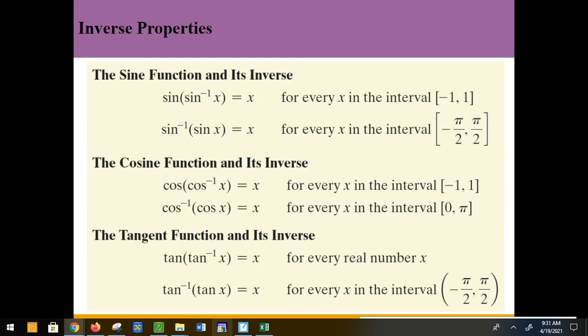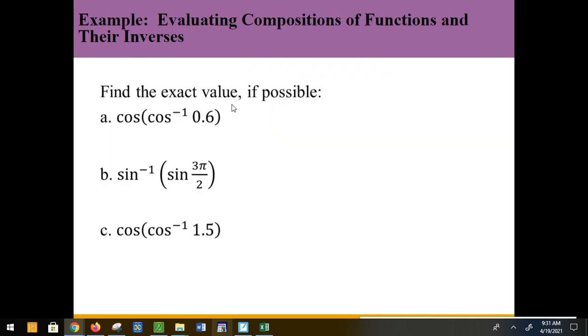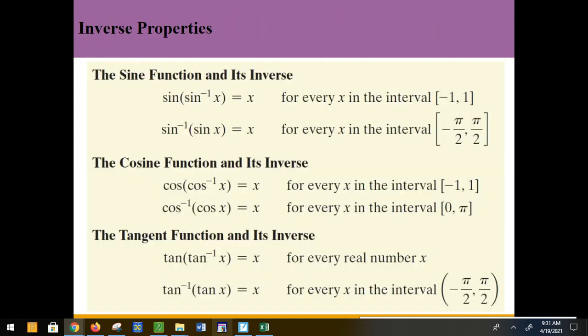If you basically put together two functions that completely undo each other, then you're going to end up with what you started with. That works the same whether the inverse is on the outside or the inside, and it works the same for sine and cosine. The only difference is what the domain is, depending on what you're starting with.